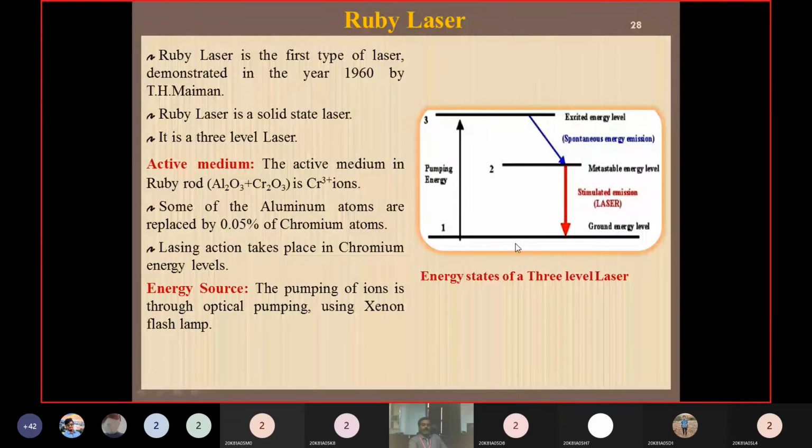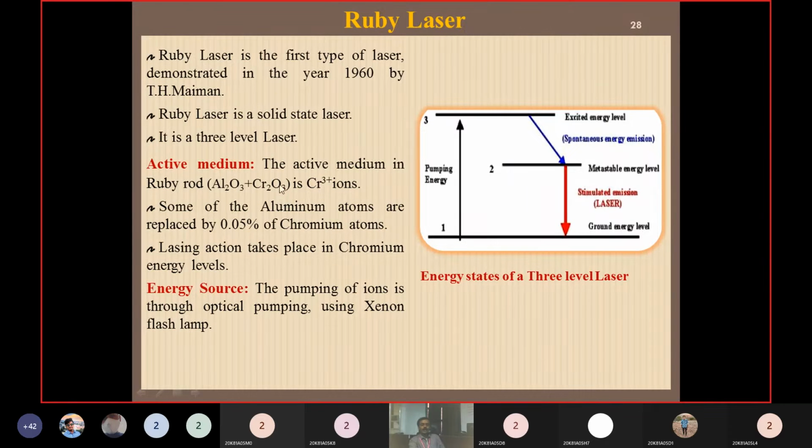The active medium in the ruby rod is Cr3+ ions. The ruby rod is prepared using alumina, Al2O3, plus chromium oxide, Cr2O3.